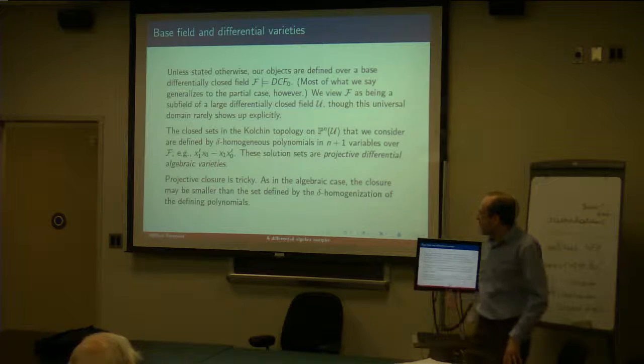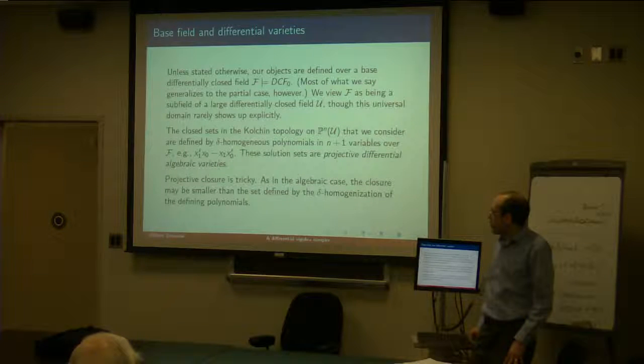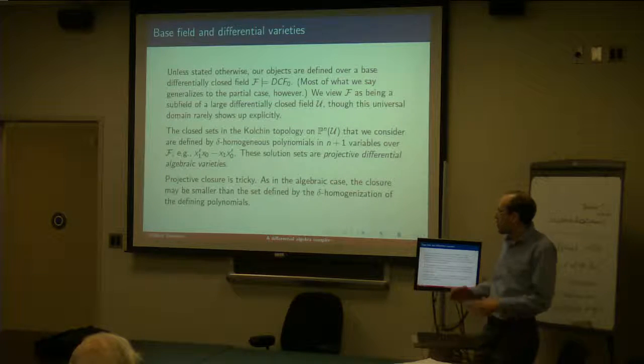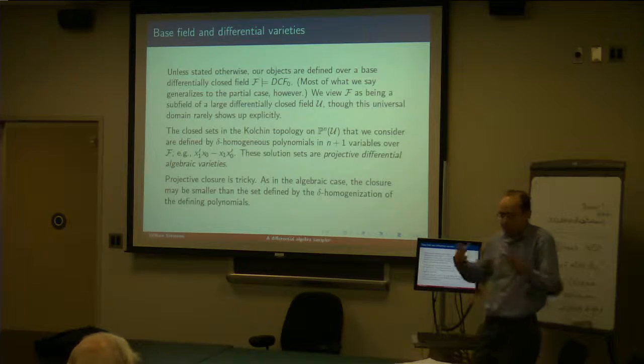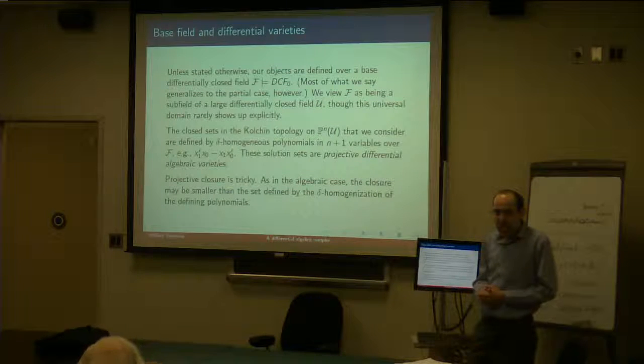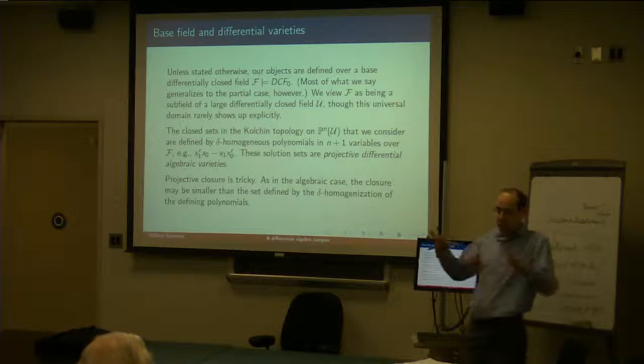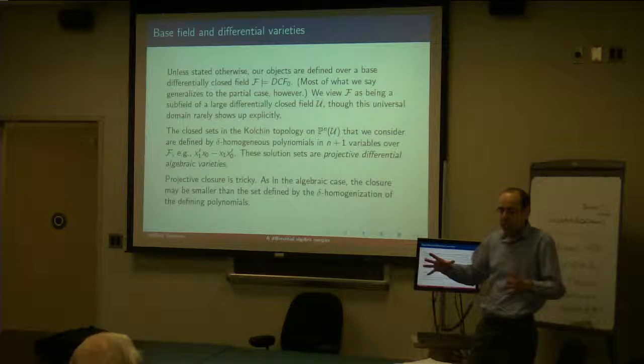And one point that our first example is going to show is that projective closure is tricky. As in the algebraic case, even when you have a presentation, if it's not appropriately large, when you homogenize, you can get a set of defining equations that's strictly larger than the projective closure.